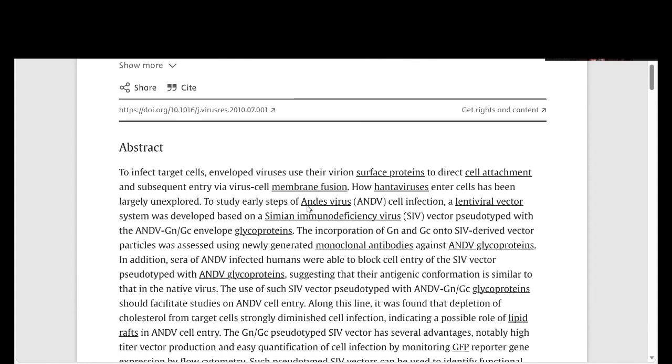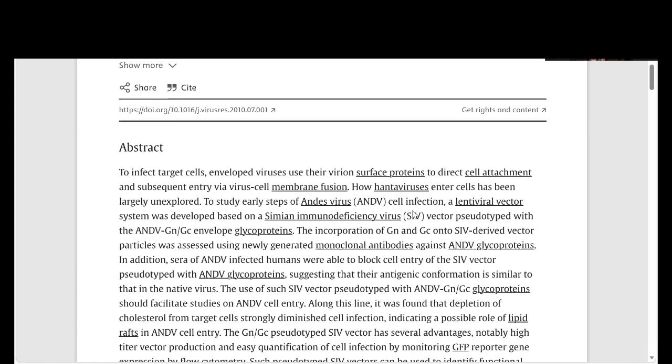To study early steps of Andes virus cell infection, a lentiviral vector system was developed based on the simian immunodeficiency virus, SIV. All right. Now, this is the primate version of HIV, but they created what they call a vector pseudotype.